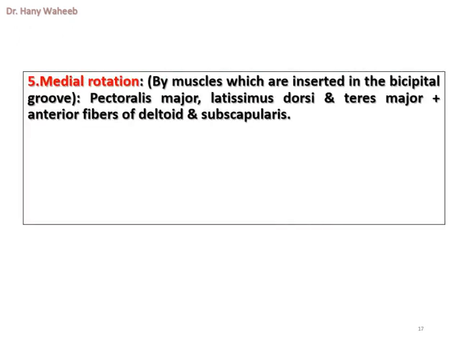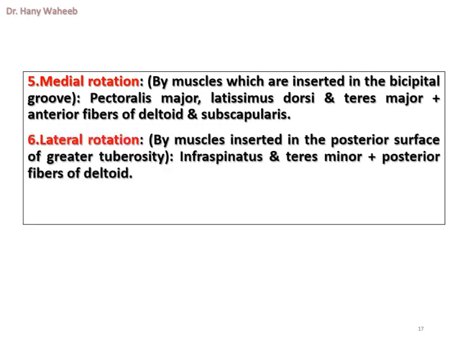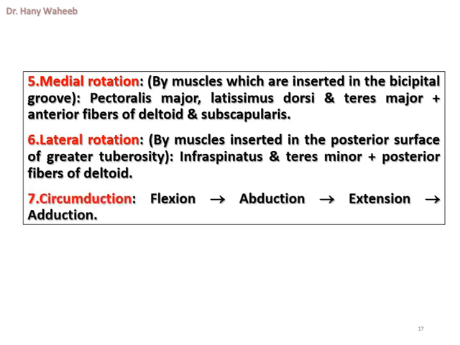Medial rotation, by muscles which are inserted in the bicipital groove: pectoralis major, latissimus dorsi and teres major, in addition to anterior fibers of deltoid and subscapularis. 6. Lateral rotation, by muscles inserted in the posterior surface of greater tuberosity: infraspinatus and teres minor in addition to posterior fibers of deltoid. 7. Circumduction. Flexion then abduction, extension, and adduction.